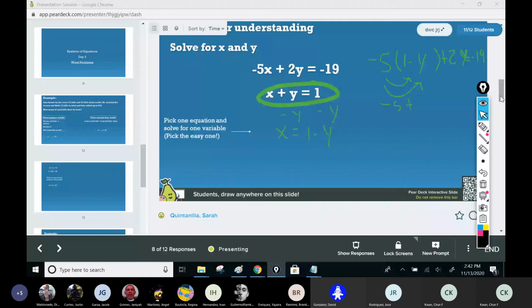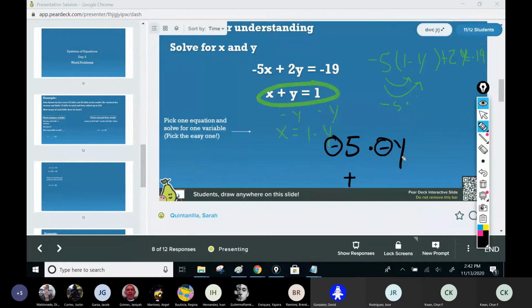Plus... you sure? Where's the 5 at? So -5 times -y. The negative and the negative becomes a positive.